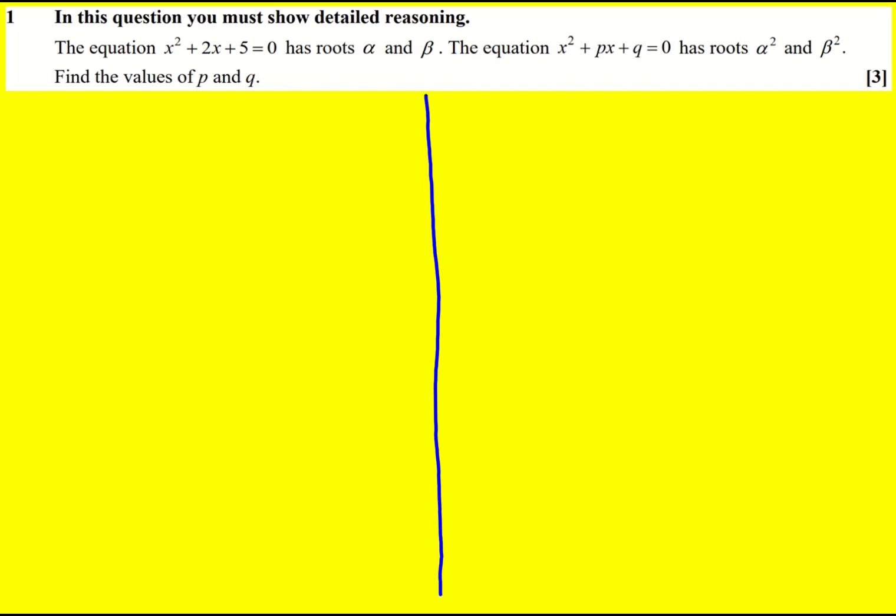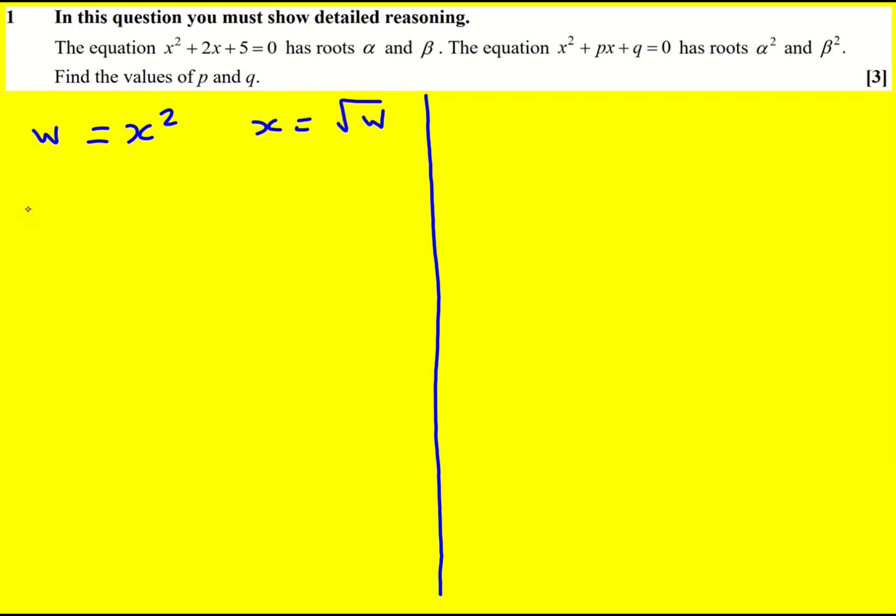So I've got x has roots alpha and beta. For me to get roots alpha squared and beta squared, I need to introduce w, which is x squared, because if x has roots alpha and beta, then w will have roots alpha squared and beta squared by definition. And that means that x is going to be root w, and I can sub that in.